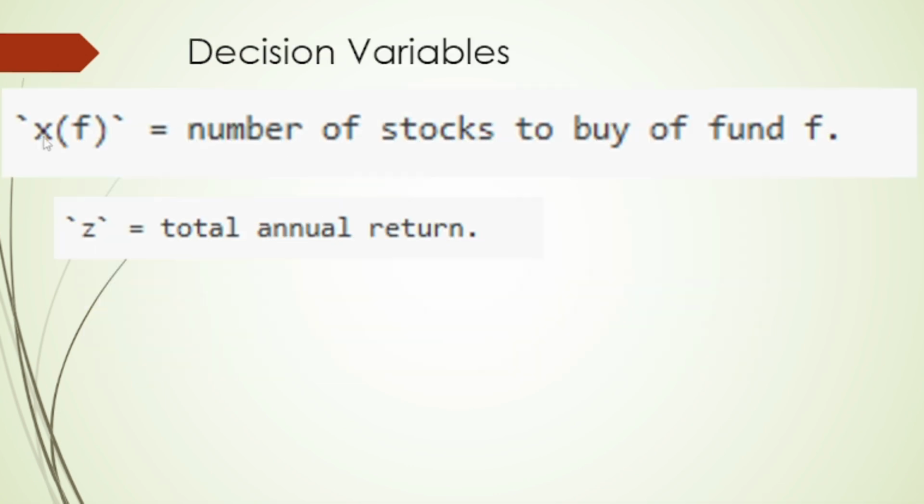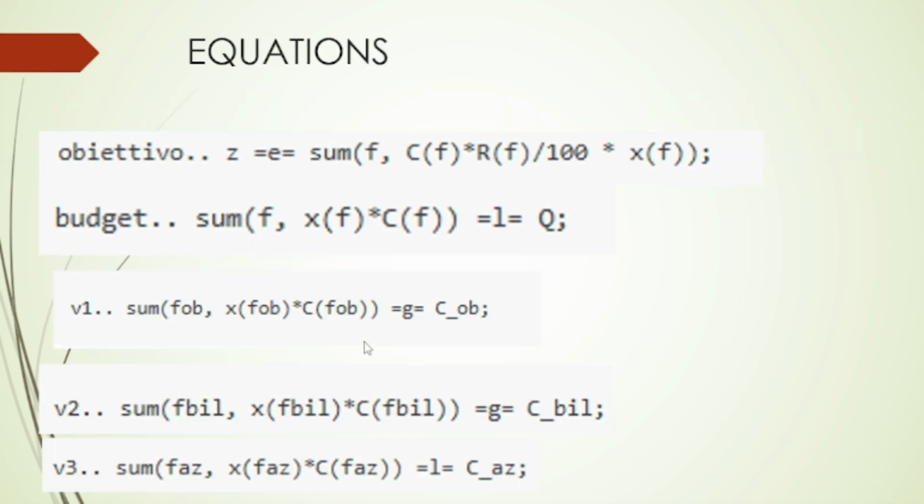In the end, we declare the decision variables, which in this case is the number of units to buy of fund F, and the objective function Z, which represents the total annual return. Our objective is to maximize the annual return.